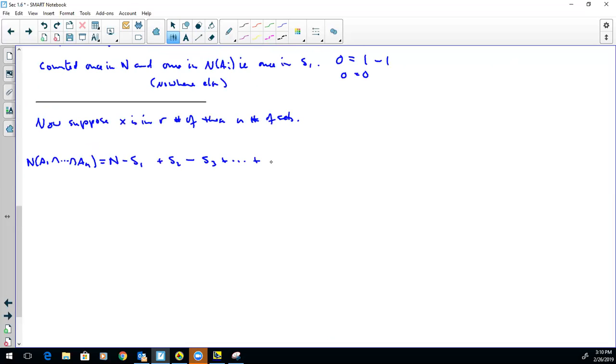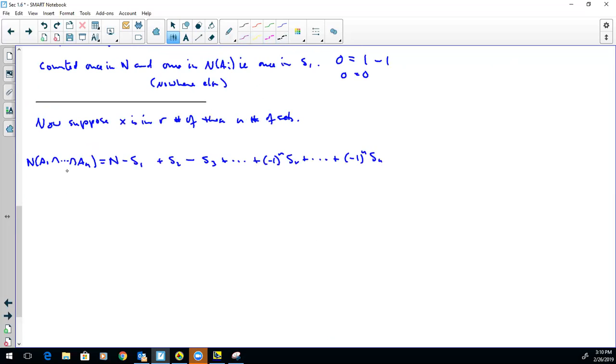And at some point there's R here, so it's minus 1 to the R S sub R plus dot dot dot up to the very last one, minus 1 to the N S sub N. Okay, so where do we count X?